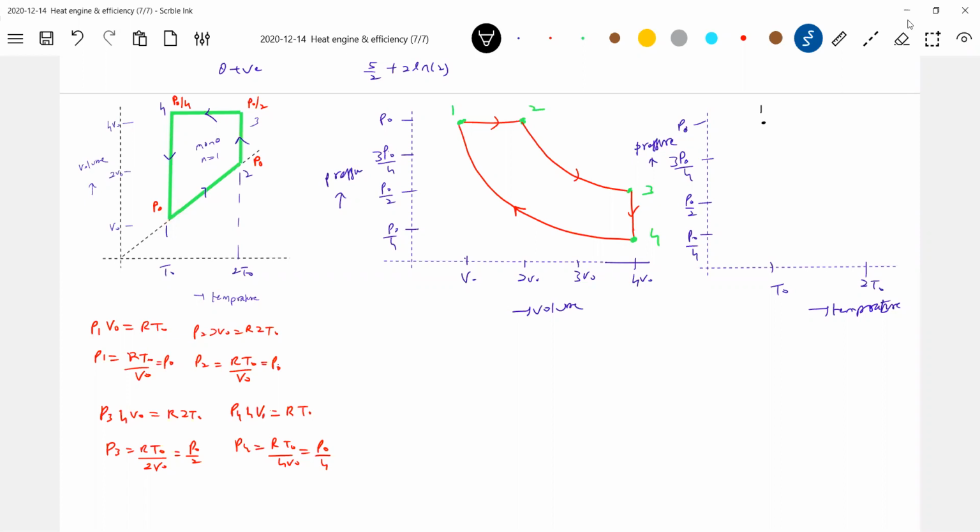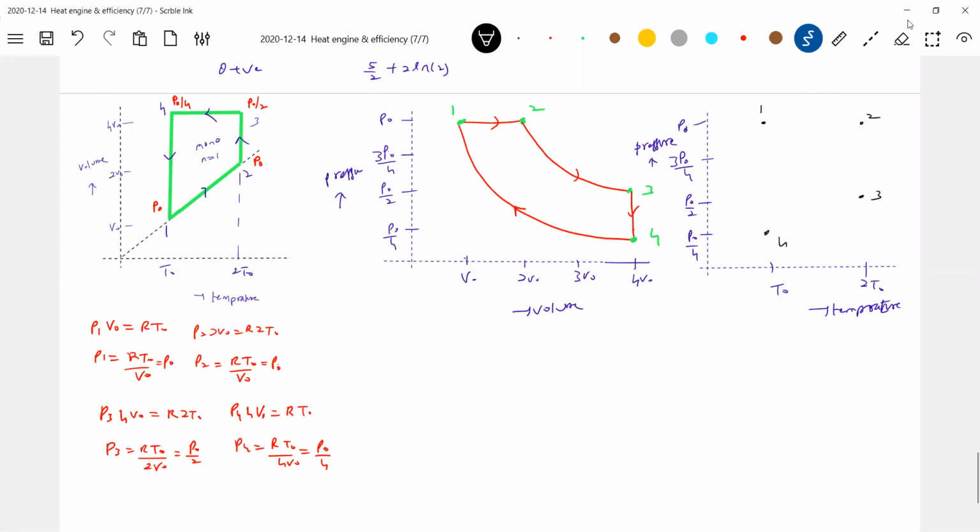Then afterwards, point 2, P naught and 2 T naught. Point 3, P naught by 2 and 2 T naught. Point 4, P naught by 4 and T naught.